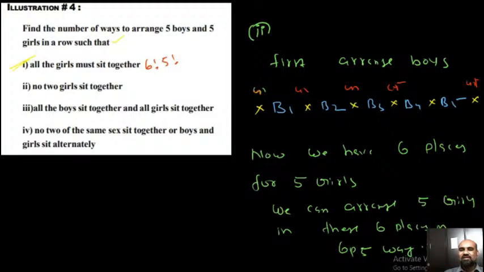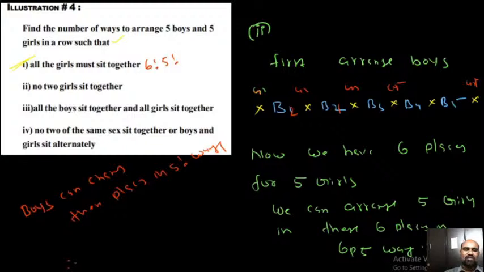What is the important thing? Among all 6P5, B1 here only, B2 here only, B3 here only, B4 here only, B5 here only. The boys can change their places, no? You can write B2 here, you can write B1. That's why boys can change their places. After this, boys can change their places in 5 factorial ways.